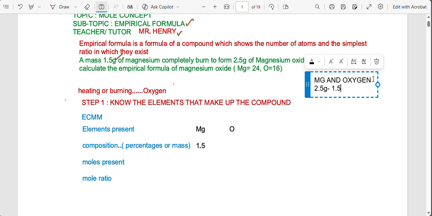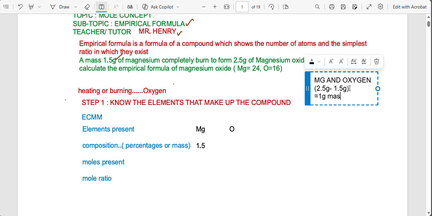Have all people understood that? We are going to say 2.5 grams of the whole oxide minus 1.5 grams of the magnesium.